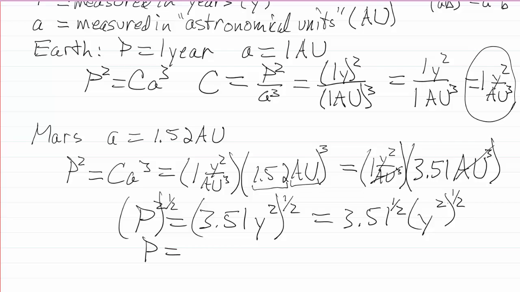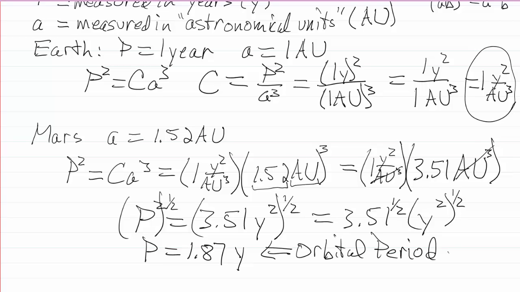Multiply exponents. 2 times 1/2 is 1, so I'll end up with units of years. When I take the 3.51 to the 1/2, I get 1.87, and that's the orbital period of Mars. That's how long Mars happens to take to orbit the Sun.